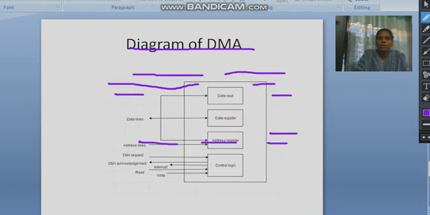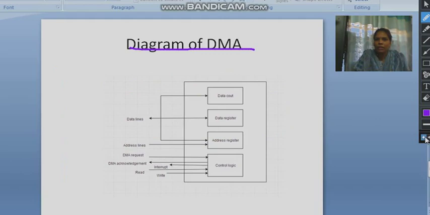Now this is the block diagram of DMA. We can clearly see that there are basically two signals which perform the DMA operations. Here we can see this is the DMA request, and this is the DMA acknowledgement.